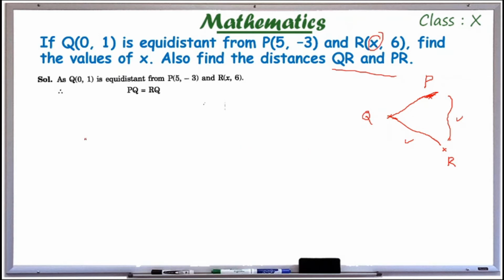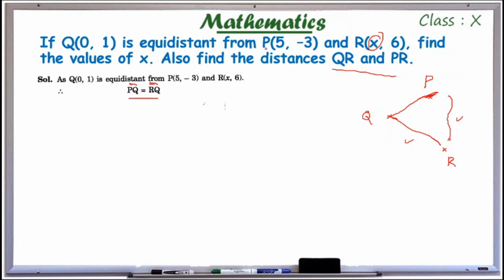First you have to find x. Given that Q is equidistant from P and R, the distances PQ and RQ are the same. So PQ is equal to RQ.